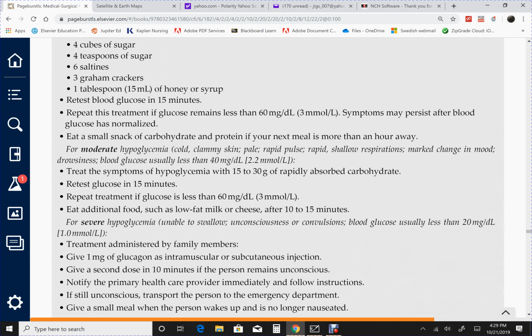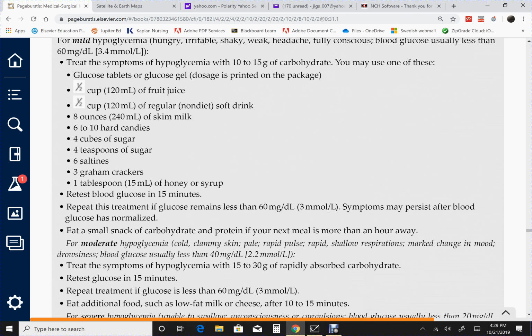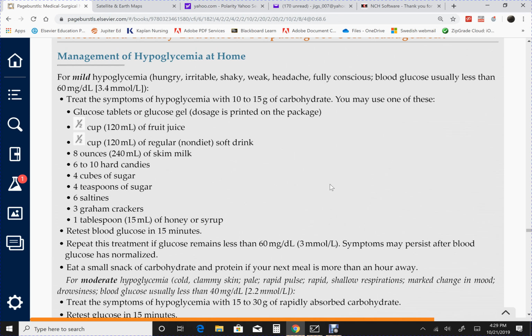One more thing, I did mention that hypoglycemia is tolerated differently by patients. So let's say your patient's sugar is in the mild hypoglycemia range. Let's say it's 55. However, if the patient is not tolerating it well, for example, the patient is already unconscious at a blood sugar of 55, then please don't force 8 ounces of milk down their throat.